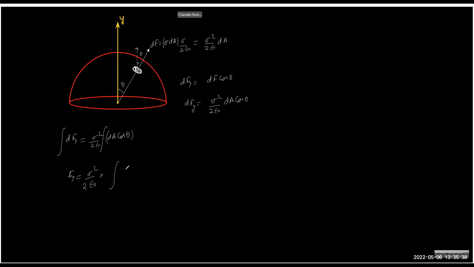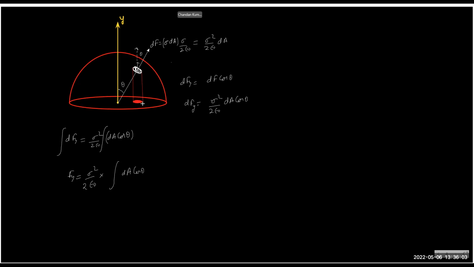But this is interesting. What is dA cos theta? It's like you're turning this patch horizontally. You will realize that dA cos theta is a projection on the base. It's the shadow of the patch at the base. Understood?